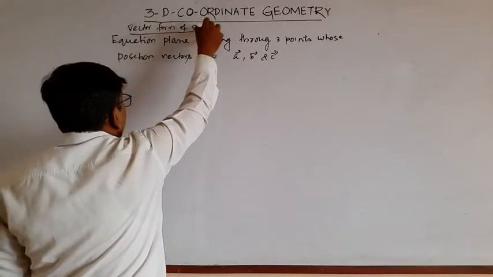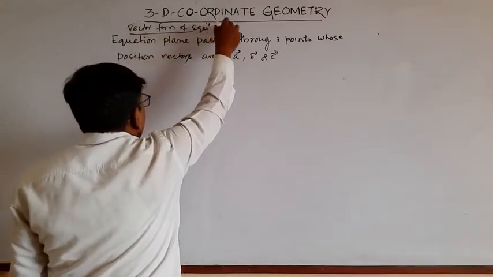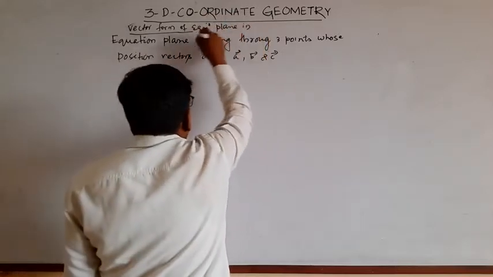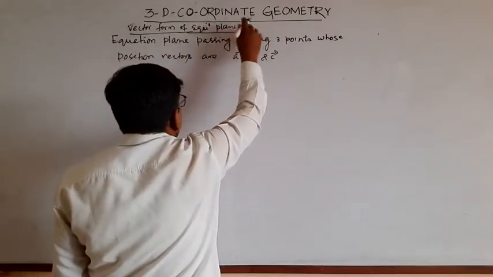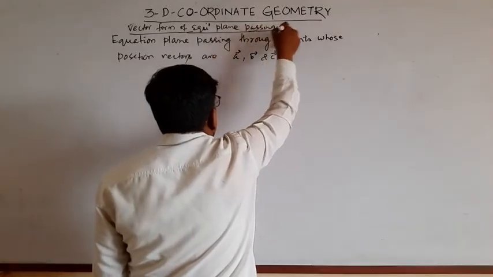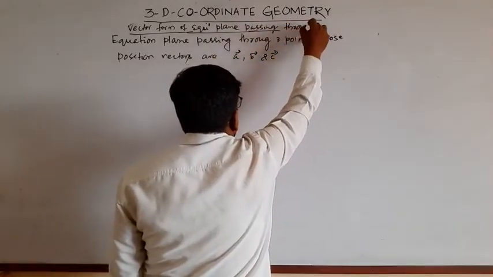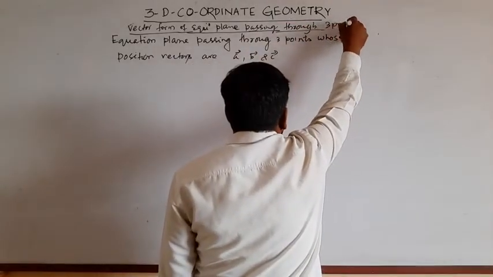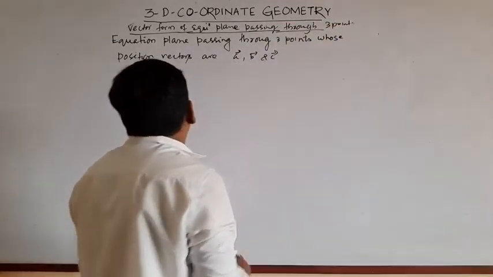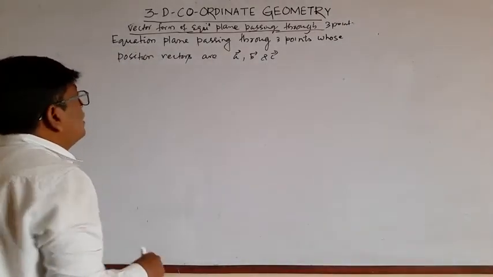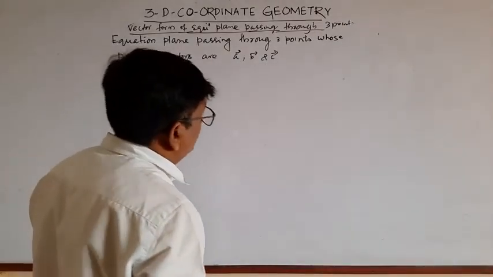Equation of plane passing through 3 points whose position vectors are a vector, b vector, c vector.